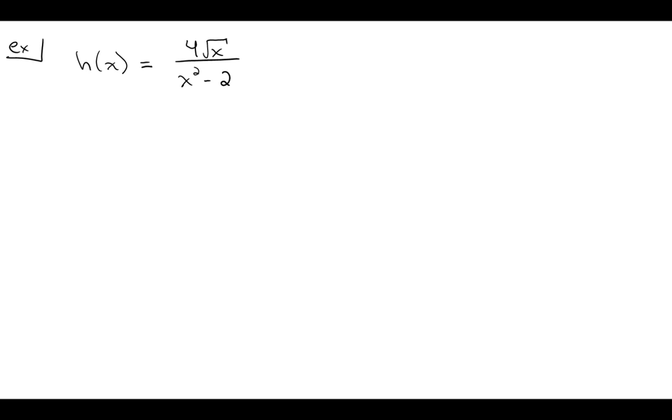All right, so we've got h of x, and we've got two functions again. So h prime of x is going to be, I'm going to write it out, f prime g minus fg prime over g squared. Derivative of the top, you might want to actually just write this as 4x to the 1/2 power, first of all. So we multiply the exponent, it becomes 4 times a half, which is 2.